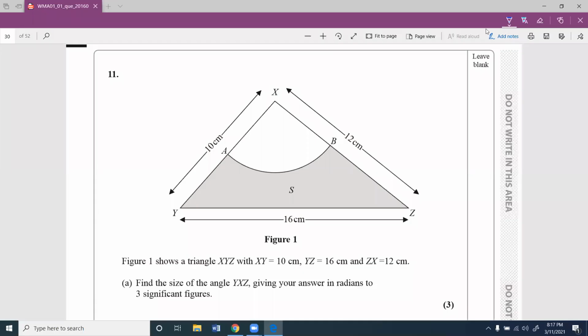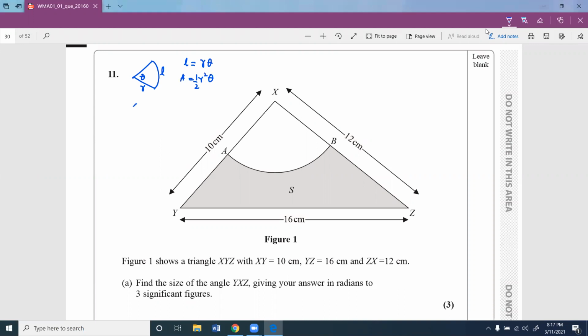Right. When you do this kind of question, these are the facts to be known. If there's an arc sector of angle theta in radians with radius r and arc length L, there's a relationship: L equals r theta. And if you want to find the area over here, that is equal to half r squared theta.